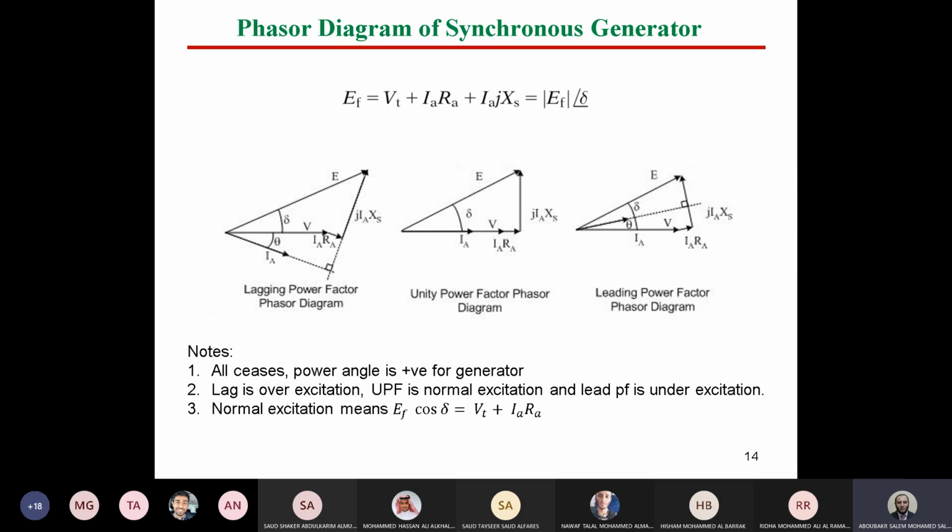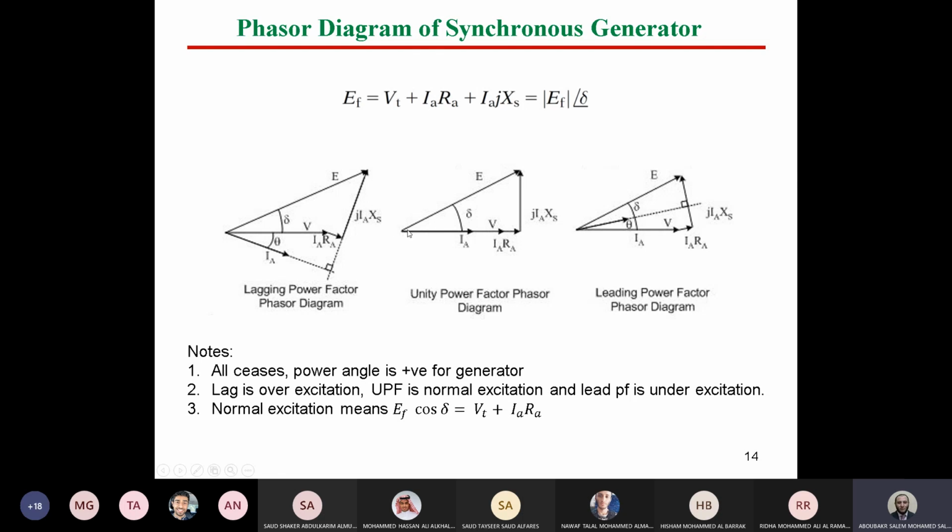Generator means the current will be lagging, leading, or unity according to the connected load. However, in a synchronous machine, we can even control the power factor. We will understand when we discuss the dynamics of the machine and the V curve of the machine how we can also control the power factor of this machine.